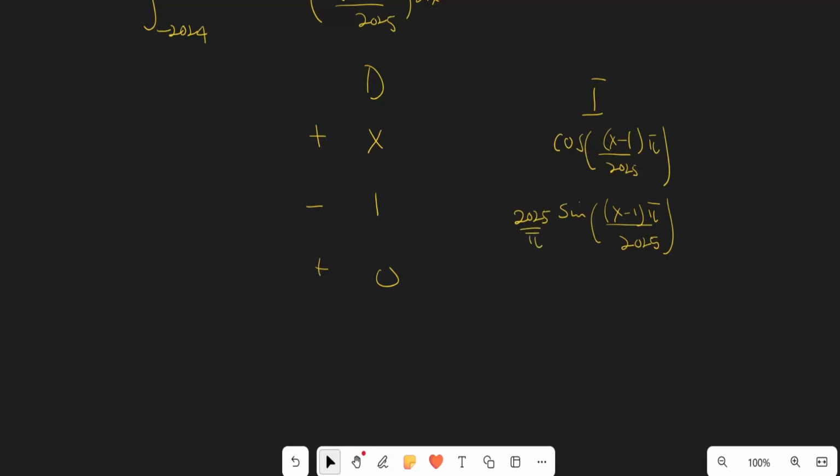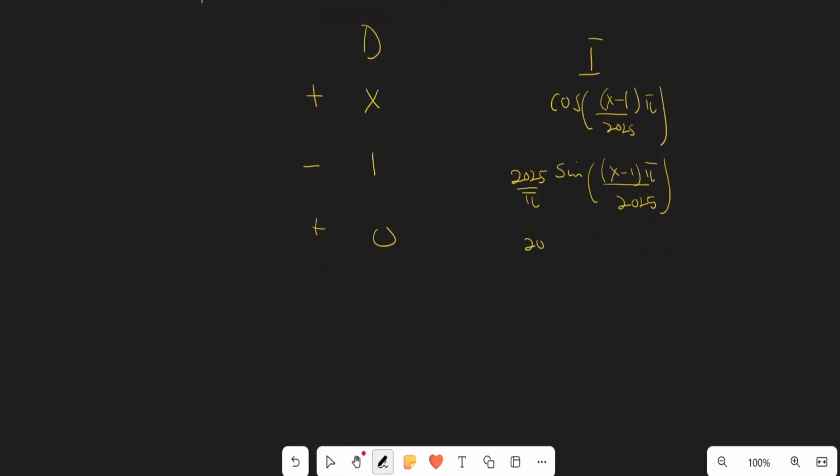Integrating again, we get 2025 over pi all squared, but negative, because integrating sine is negative cosine of (x minus 1) times pi over 2025.